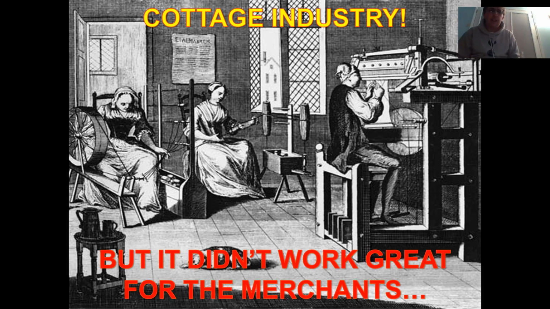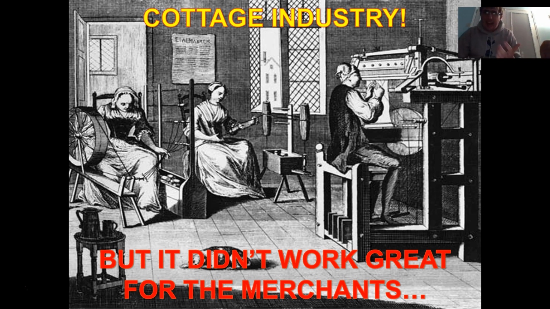There's several names for these pre-industrial devices. So they bring all these in, and the peasants would get the training, and they create all the goods. But for the merchants, this wasn't the best system, because they would have to go from house to house to house to get all the goods that they need. So it was very inefficient for the merchants.